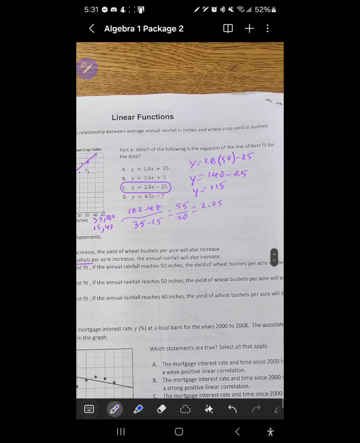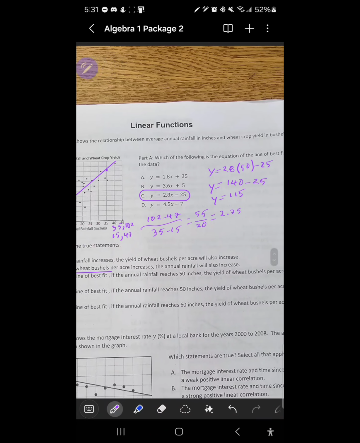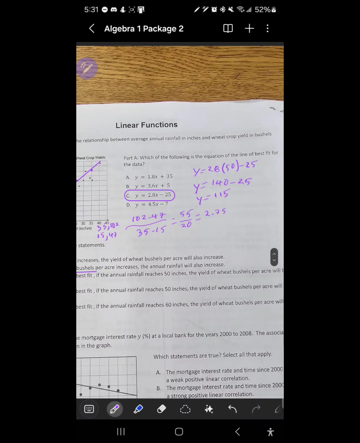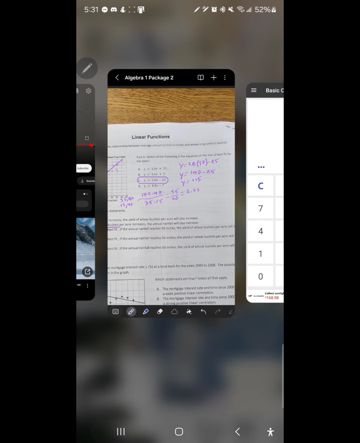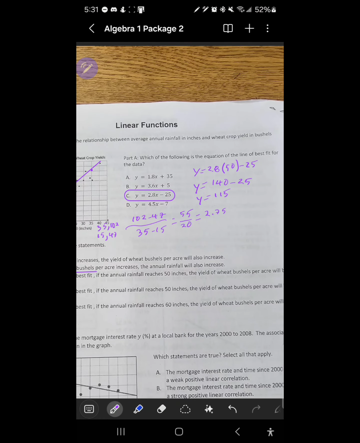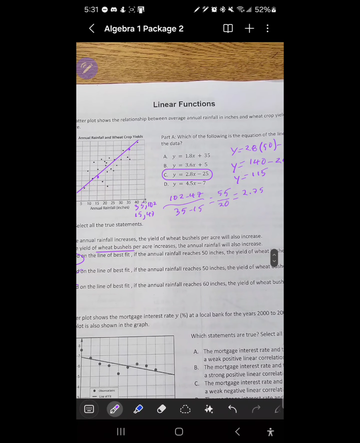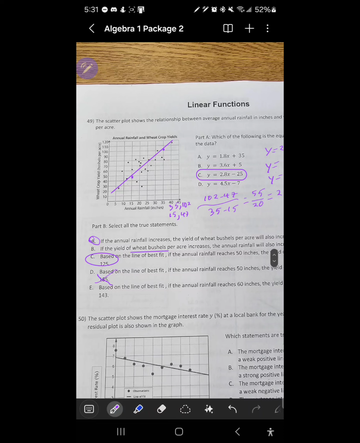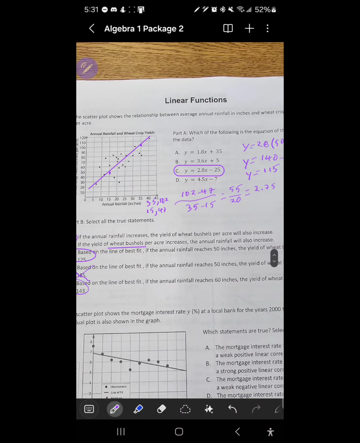And then if we multiply by 60, it will be greater since it is increasing. So 2.8 times 60 is 168, minus 25 is going to be 143, which is a lot bigger than, oh, actually, that's exactly what E is saying.